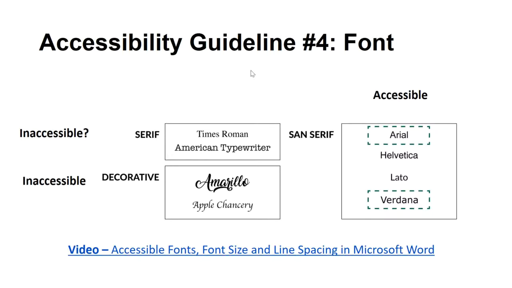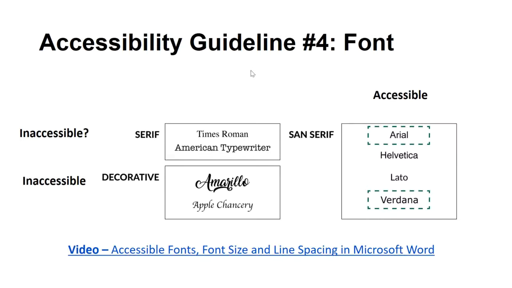A serif font has little feet on the bottom of, for example, the T. Sans serif fonts don't have those little feet. So it is recommended to use sans serif fonts for your digital documents.